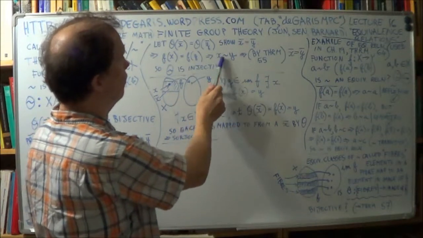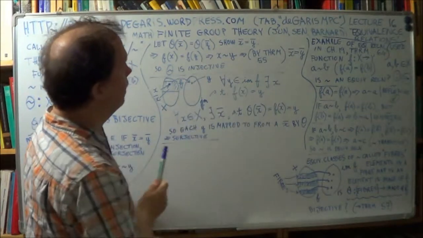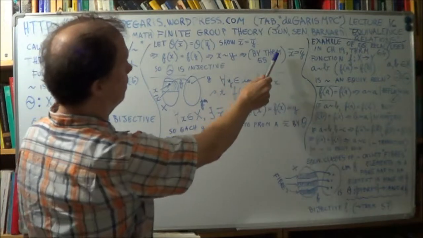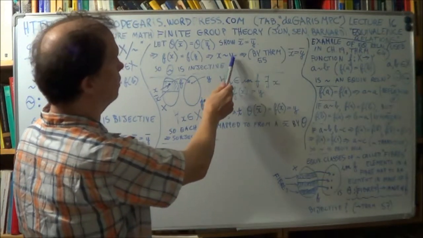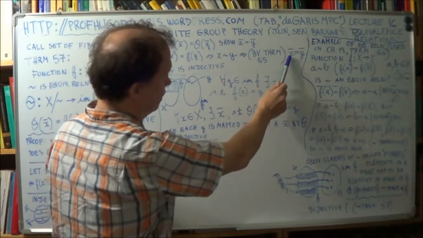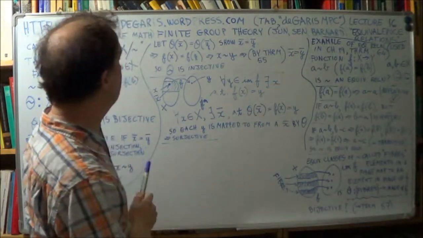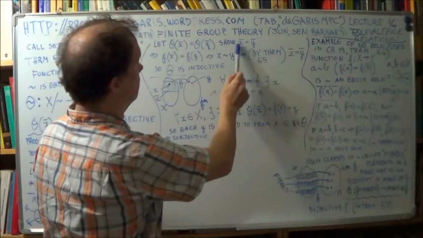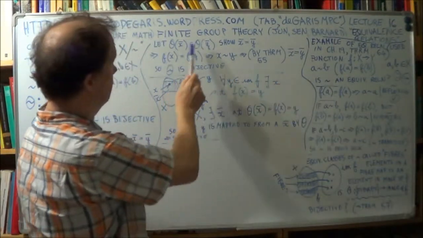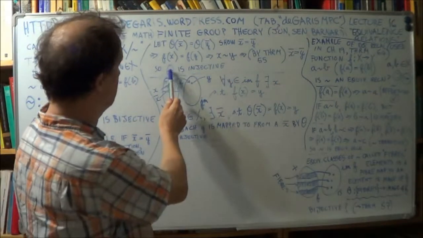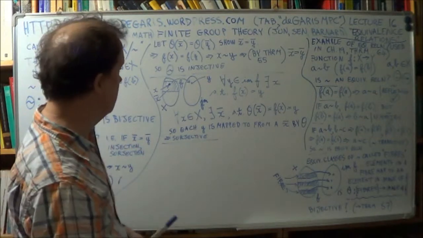That's how we defined this. Now again, by theorem 55, if x is equivalent to y, therefore x bar equals y bar. This equivalence class is the same as that one. All right, so we've shown that this function theta is injective.